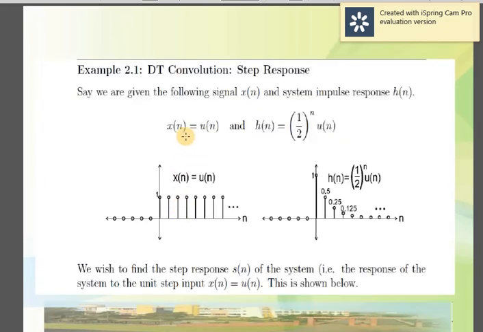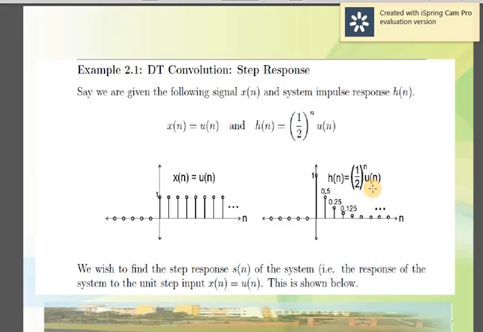It is the multiplication of our x of k signal and h of n minus k signal. The result of this summation is going to be 0 if x of k and h of n minus k are multiplied and the result is 0.